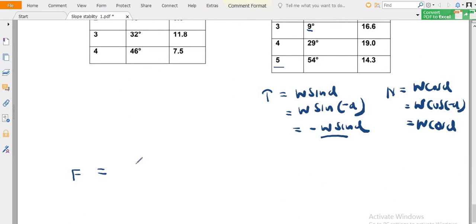So for the first four slices, CR theta is: we have cohesion value 75, R is 10 and theta is 85, that is out of 120, plus.